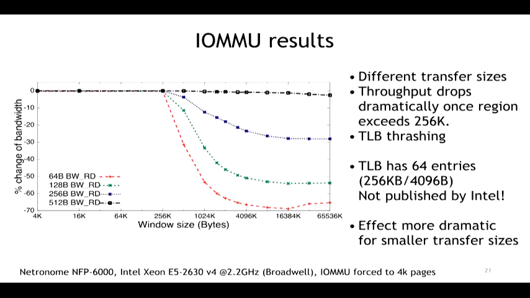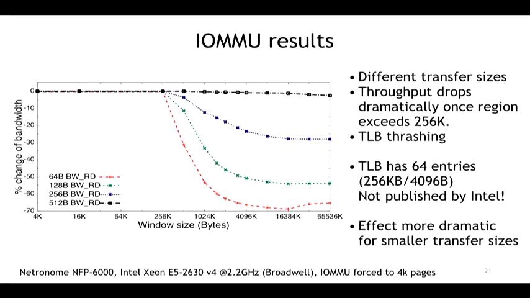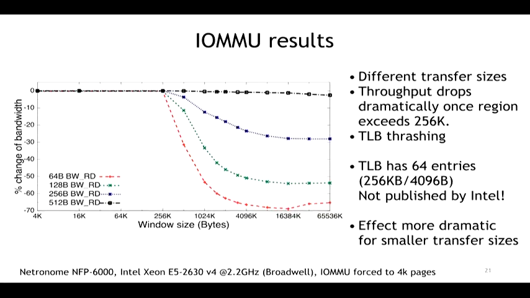One interesting side note of this graph is that on this particular system, if you look at where the performance starts to drop, which is at 256K bytes, and we are using 4K pages for the IOMMU here, we can actually determine that the TLB on this particular system has 64 entries, because after that we start thrashing the TLB.